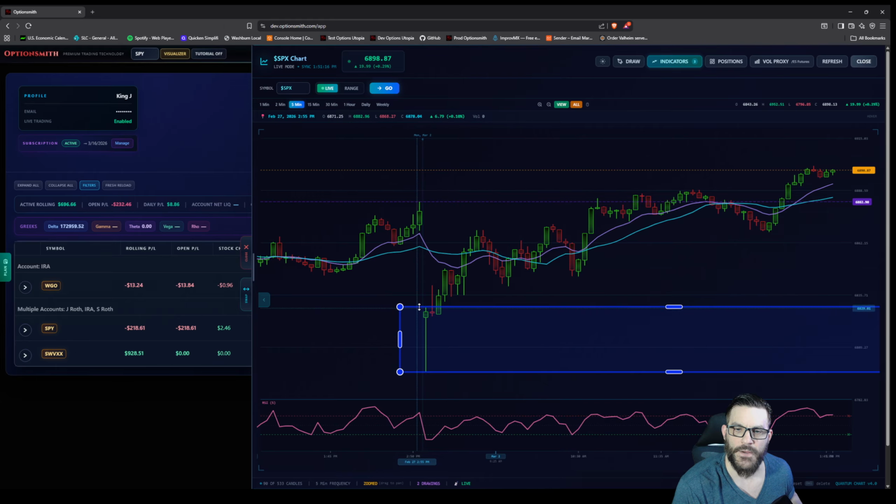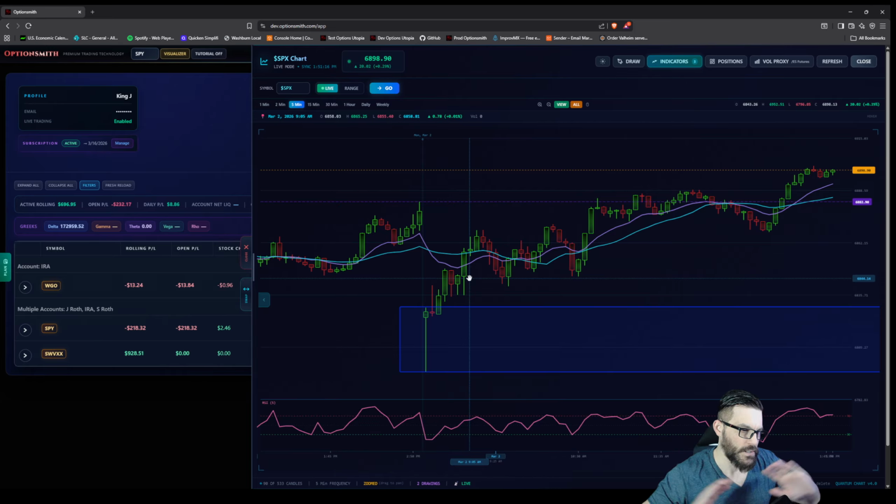So I created this rectangle and I let the 5-minute candles form. And when I got to the point where I saw a 5-minute candle close above that range, that's when I said, okay, we are doing a bullish trade for the day. And that's it. I didn't worry about the global events. I see lots of people wondering whether or not they should trade based on what's going on.